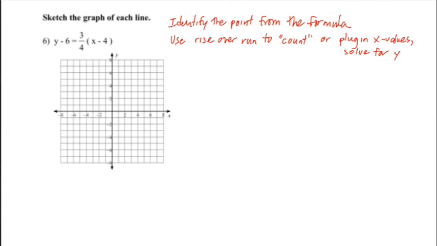For problem number 6, they're asking us to sketch the graph of each line. We can identify one of the points from the formula itself. In fact, let's take a look at that. We're given y minus 6 is equal to 3/4 times x minus 4, but we know that our point slope form is y minus y1 is equal to m times x minus x1.